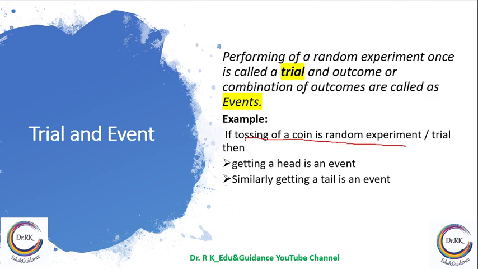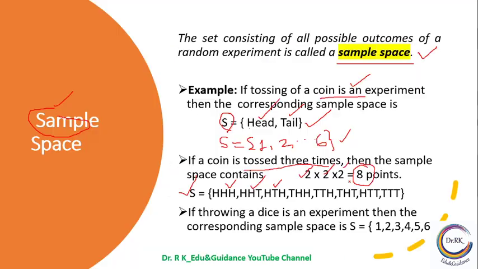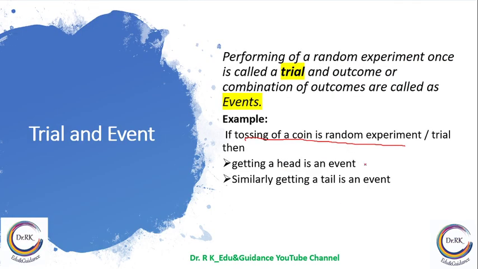Getting a head is called an event. Similarly, getting a tail is called an event. So what is the definition of an event? An event is nothing but a subset of the sample space.